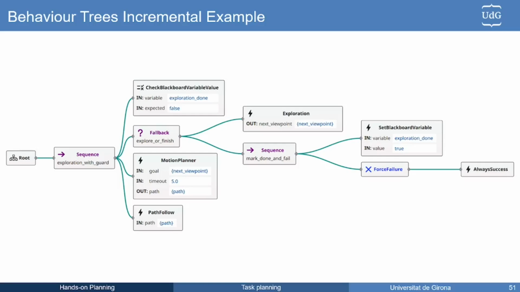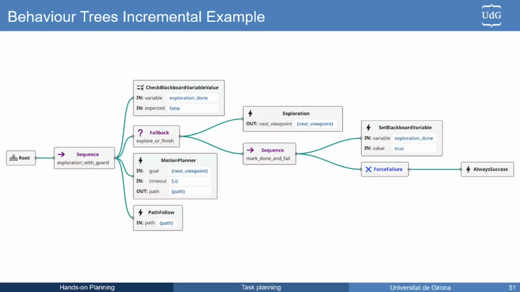I think I will show you directly the solution in the slides because it's occupying a lot. The first thing is to set in the Blackboard exploration done. We set this in the exploration done, and then we can return a failure here.